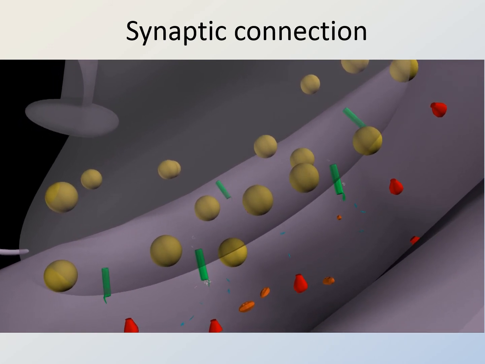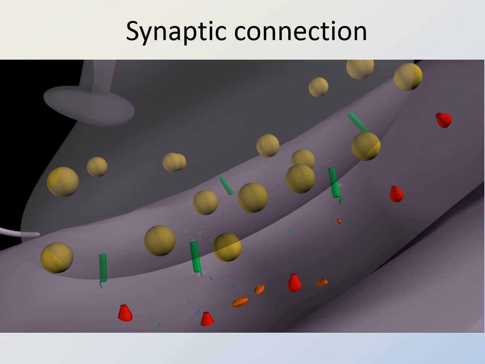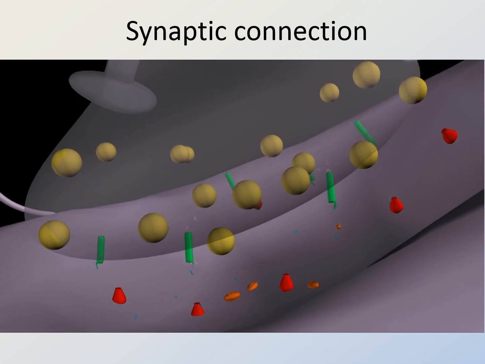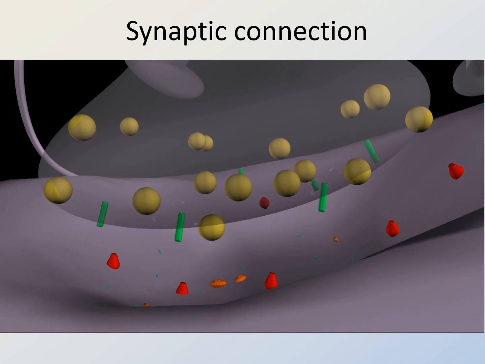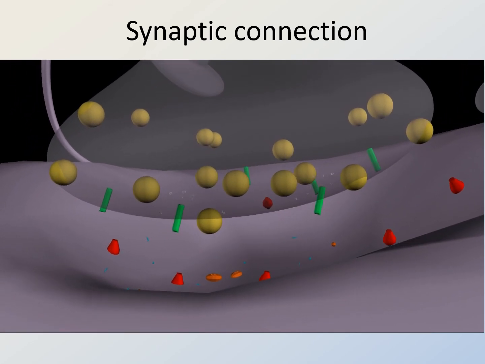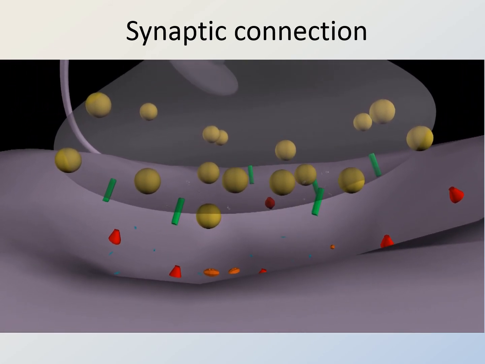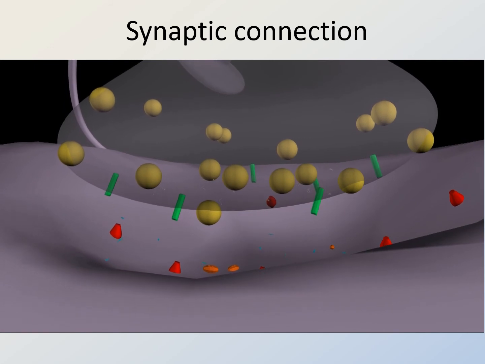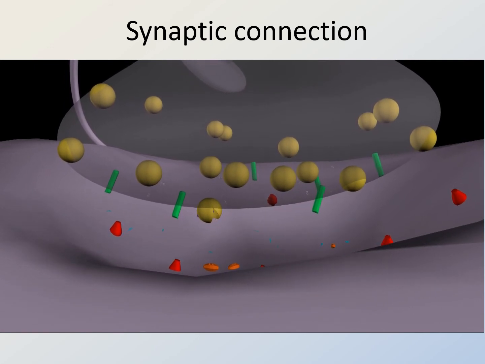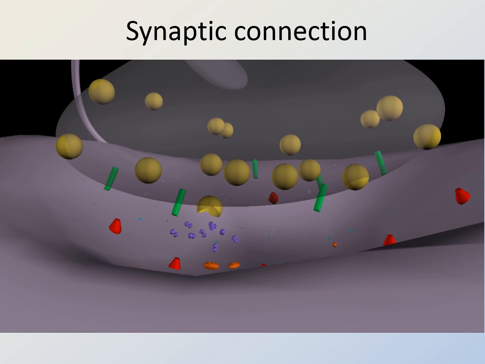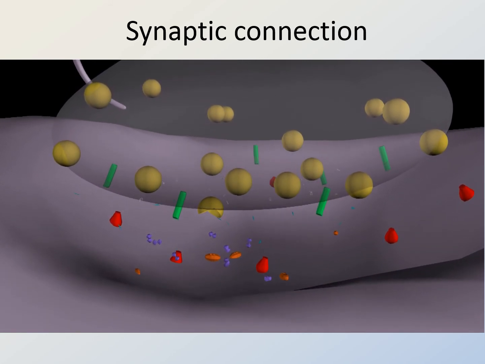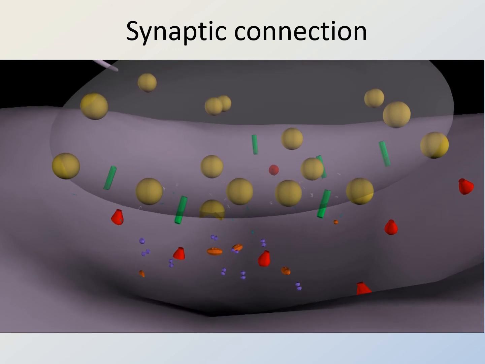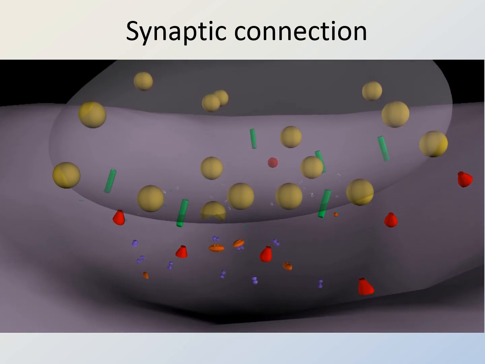This allows the rapid entrance of calcium from the synaptic cleft into the terminal button. An elevation of calcium within the presynaptic button triggers some of the neurotransmitter-carrying vesicles to empty their contents into the synaptic cleft. The neurotransmitter binds to receptors located in the dendrite or cell bodies of the postsynaptic neuron.